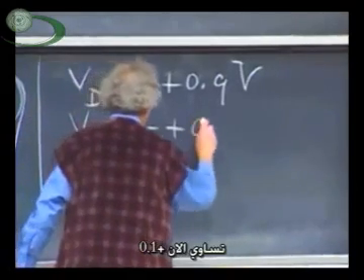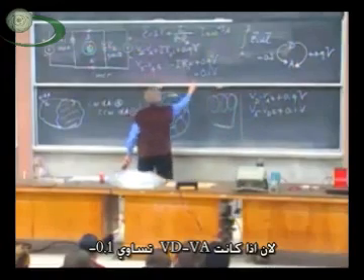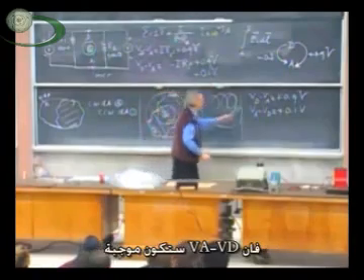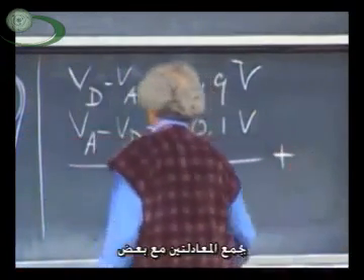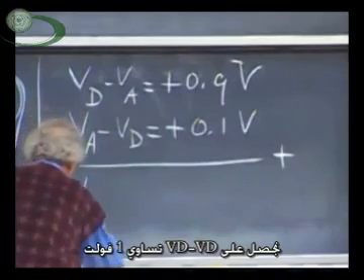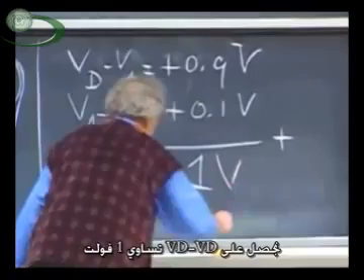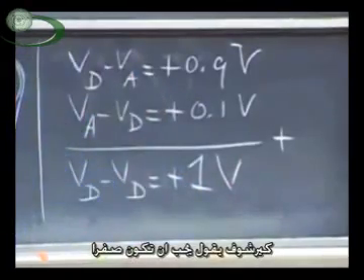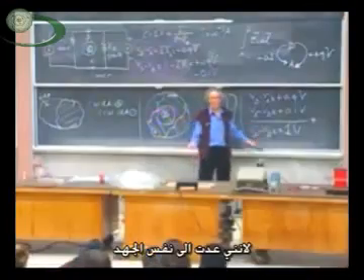That, of course, is now plus 0.1 volts. Because remember, if Vd minus Va is minus 0.1, then Va minus Vd is plus. And so we add them up, and we find that Vd minus Vd is plus 1 volt. Kirchhoff said it has to be 0, because I'm back at the same potential where I was before.